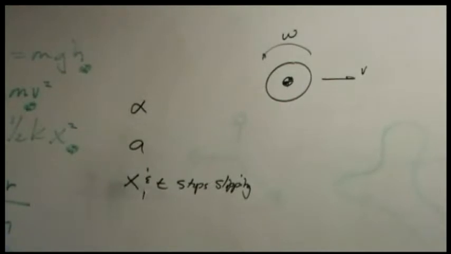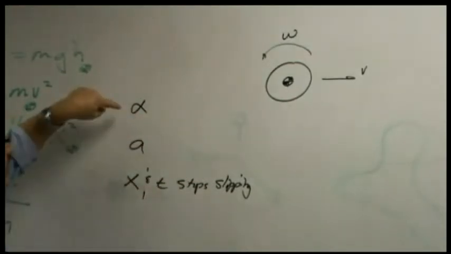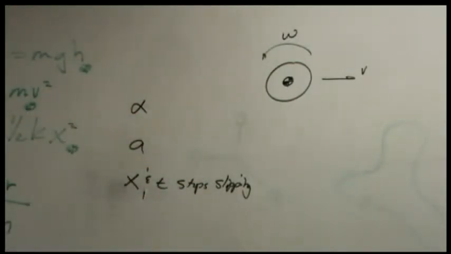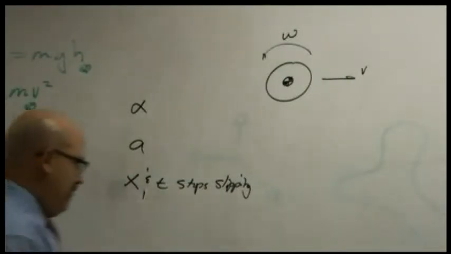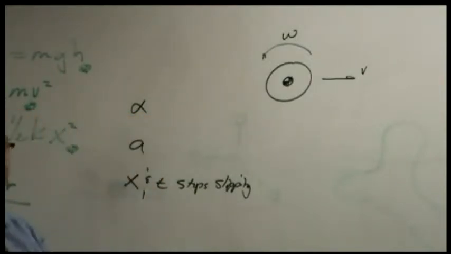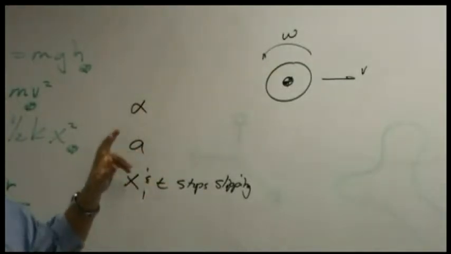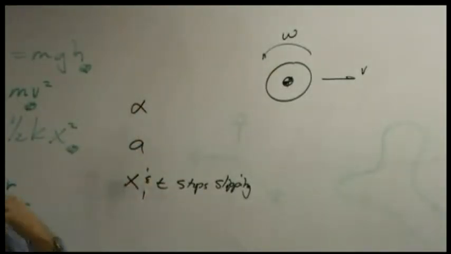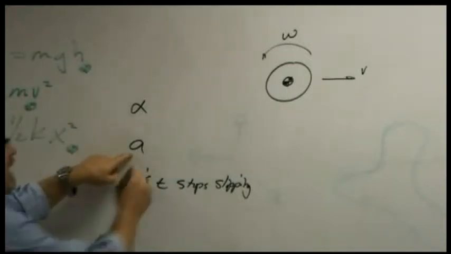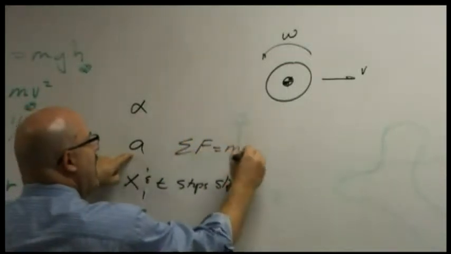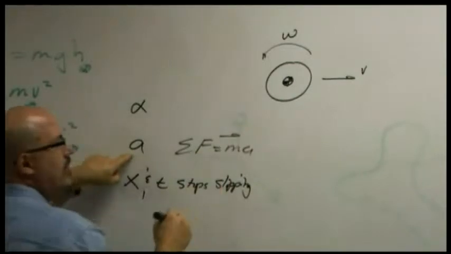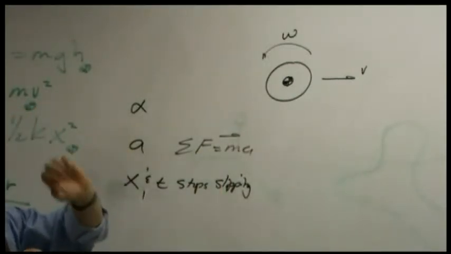By the way, we've left momentum, just in case you're curious, because we got onto a side topic. We're doing alpha and a. What kind of physics is this? It's not momentum. It's not energy. It's some kind of forces thing. So I would do the sum of the forces equals ma in that direction. I'm going to call the right positive, because that's the way it's moving.